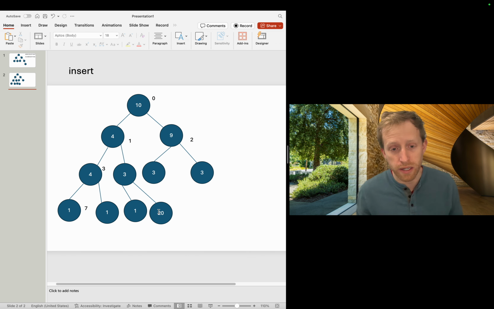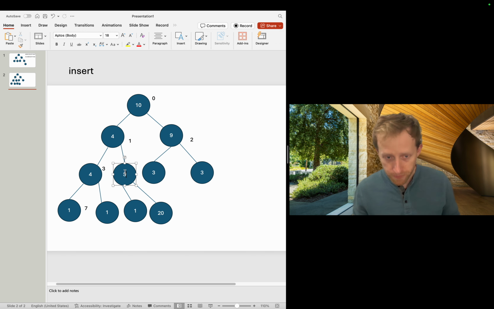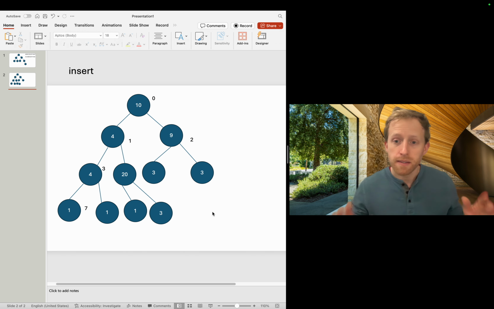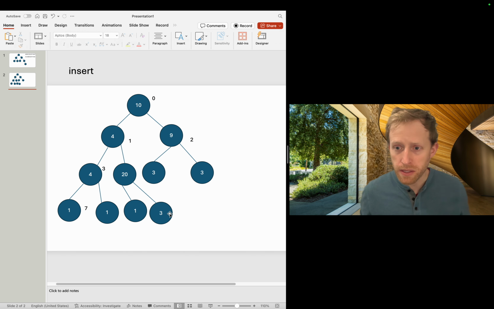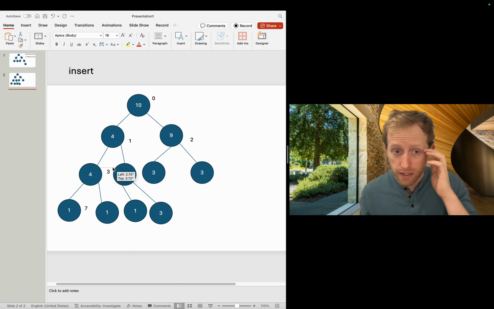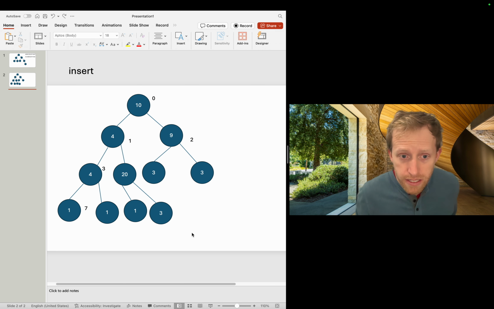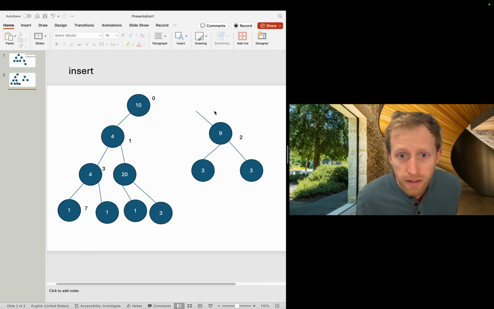What we can do now is we access this node and we swap it with the 20. So now we have a 3 and a 20 here. So now we've swapped the 3 and the 20. Okay, so now this subtree, let me expand this over here.